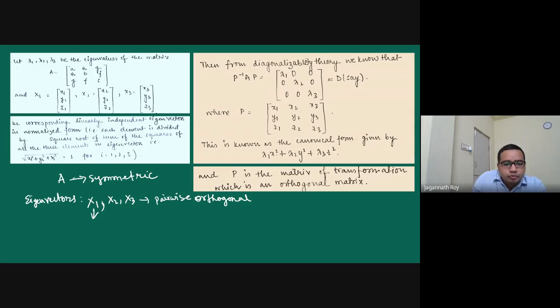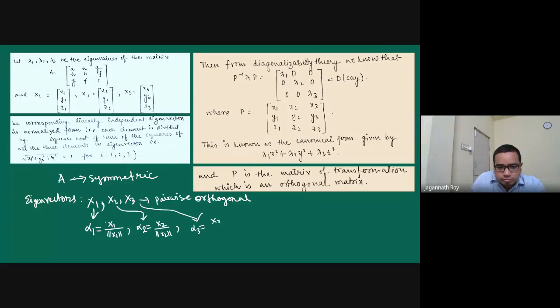Now what we do, from here we will define alpha 1 by dividing by the length. From here we will define alpha 2, x2, and from here we will define alpha 3.